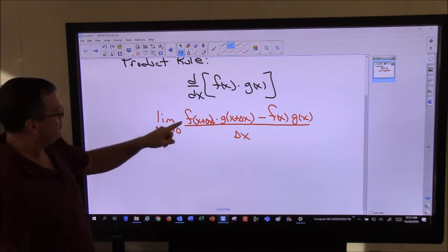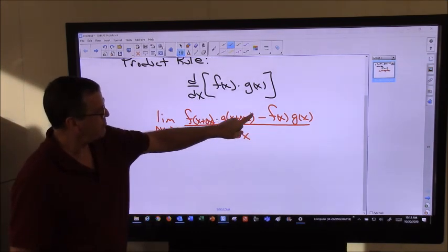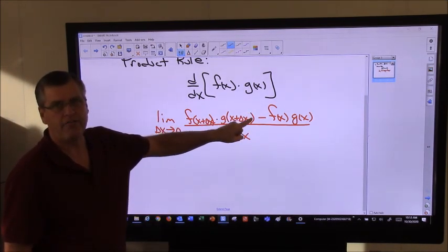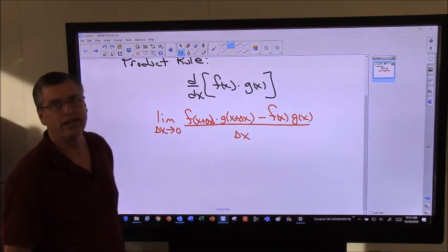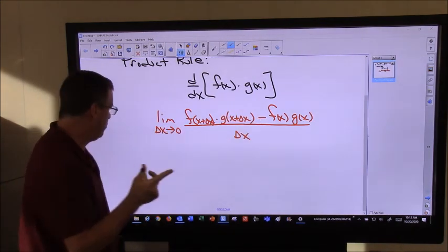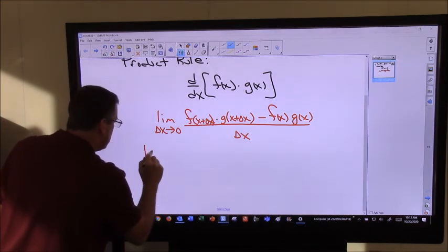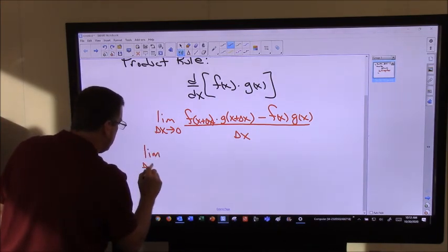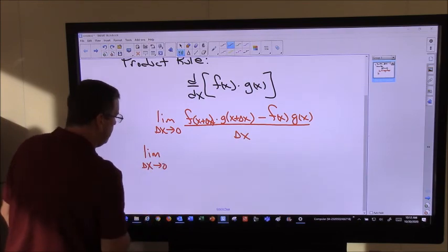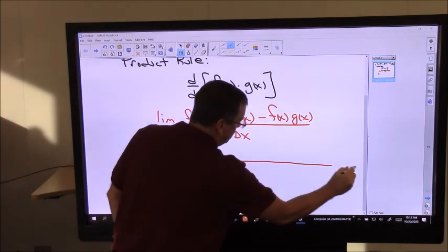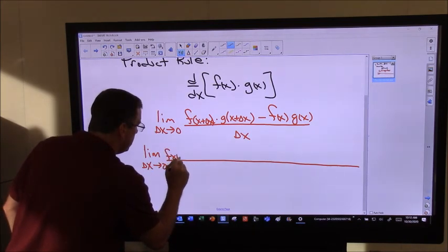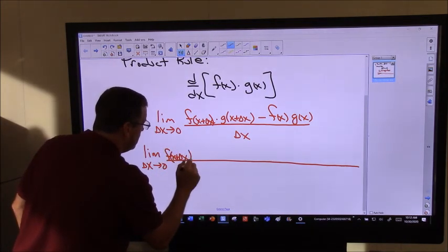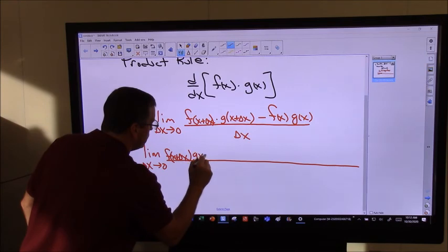But what I'm going to do is add and subtract the same amount. Kind of like if I add 5 and then subtract 5, I really didn't do anything. I want to do something kind of like that. So what I'm going to do is this. The limit as delta x approaches 0, this fraction is going to get a little bit bigger. I've got f of x plus delta x times g of x plus delta x.